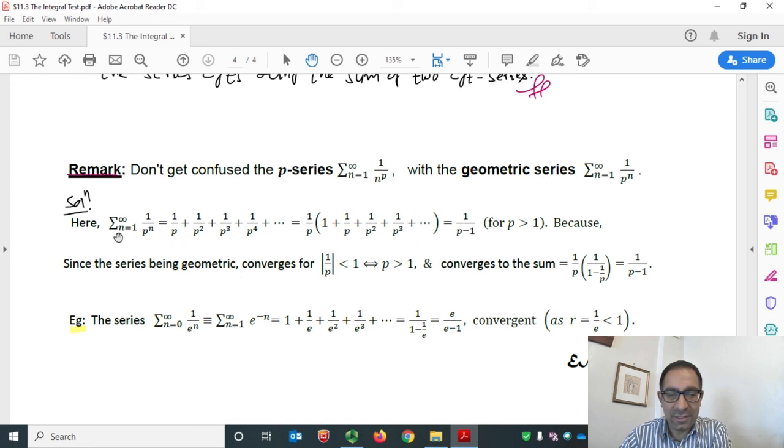So the given series is summation of 1 over p to the n. Let's put n equals 1, or write in expanded form, which is 1 over p plus, putting n equals 2, 1 over p squared plus 1 over p cubed plus 1 over p to the 4 dot dot dot. Then take 1 over p outside, that means 1 left, plus 1 over p left, plus 1 over p squared left, plus dot dot dot.